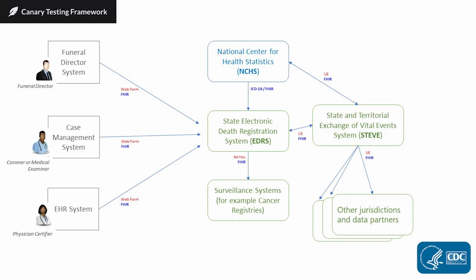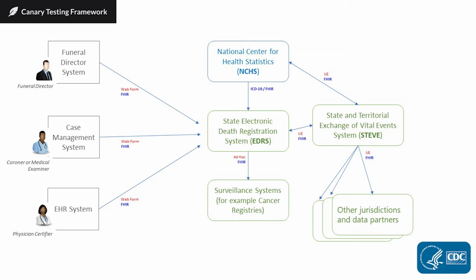The jurisdiction Vital Records Office may share the data with other systems inside the jurisdiction, including surveillance systems such as cancer registries. The jurisdiction also shares the data with other jurisdictions, such as the decedent's home state, through a system called the State and Territorial Exchange of Vital Events, or STEVE.